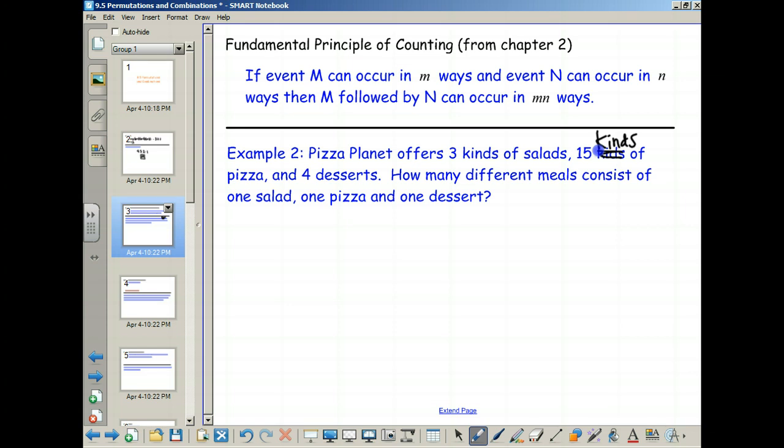You multiply 3 times 15 times 4: 3 salads, 15 pizzas, 4 desserts. If I multiply this together, what do you get? 180. So there are 180 different meals that you could have at Pizza Planet.